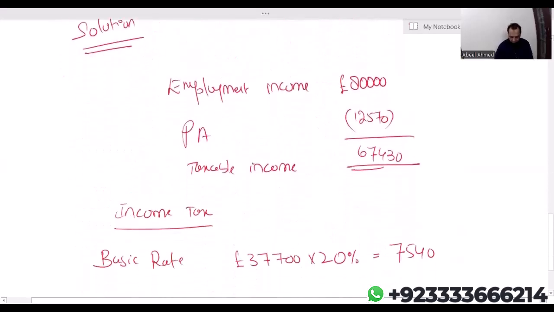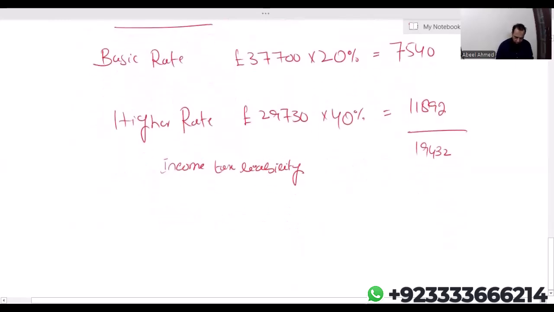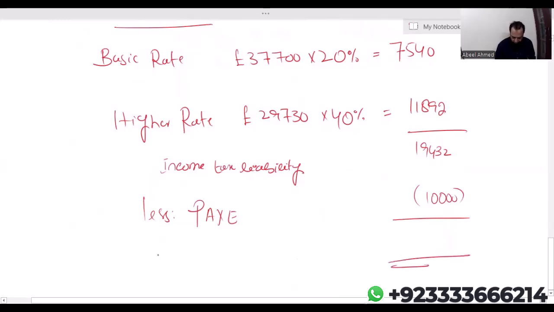We'll deduct that 10,000. Less PAYE. We'll get tax payable. So the final answer is income tax payable 9,432.